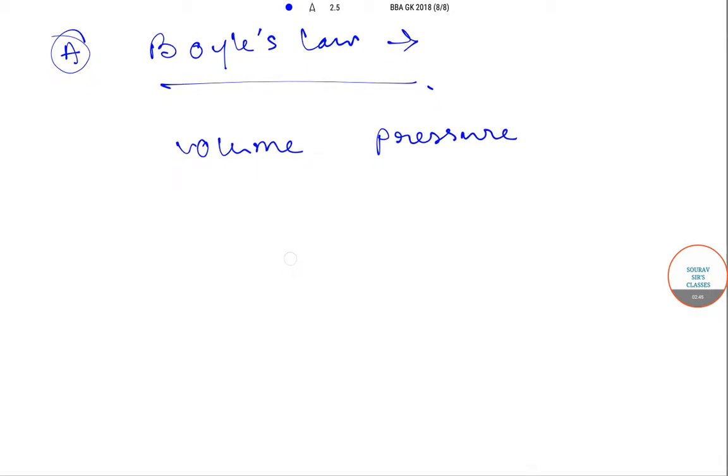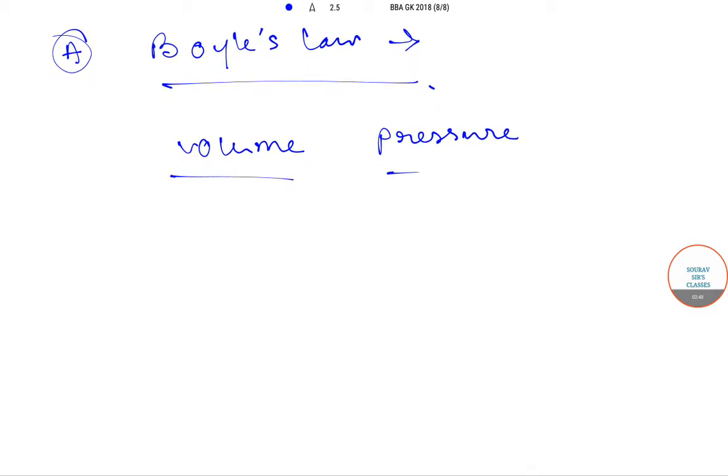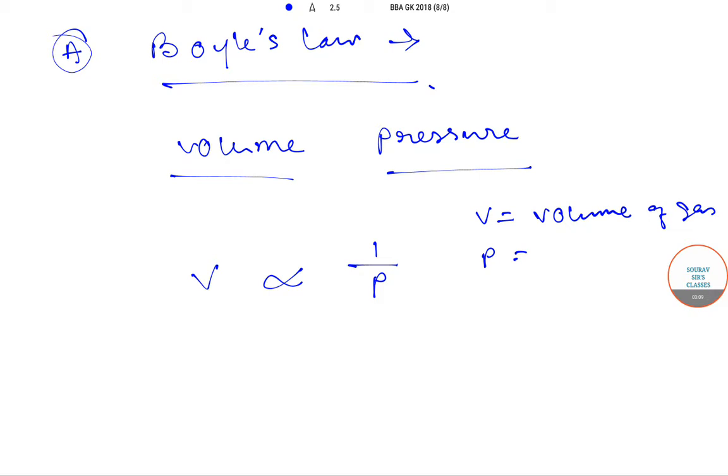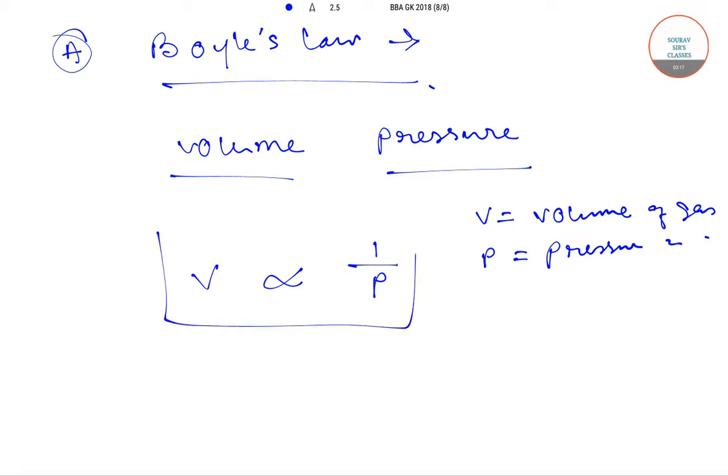The relation between the volume and the pressure of a gas is inversely proportional, meaning V is inversely proportional to P, where V denotes the volume of a gas and P the pressure of a gas. But this is satisfied only when the temperature is constant.